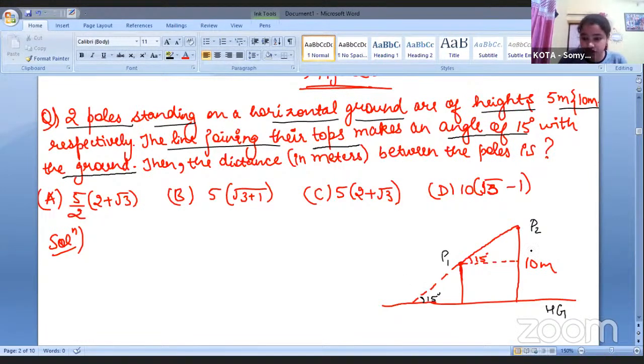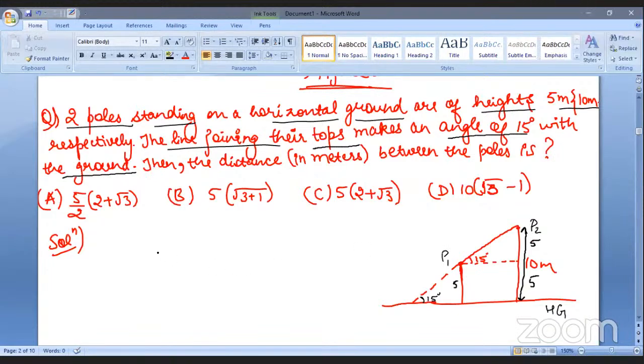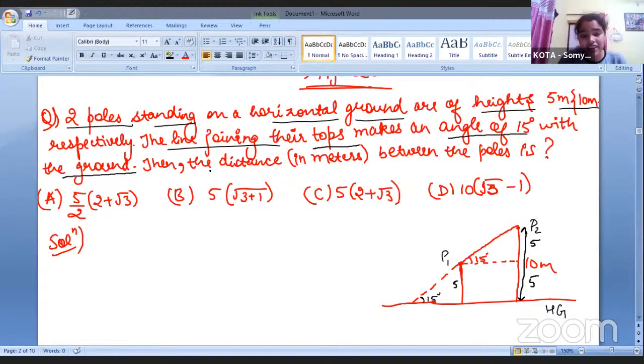Now, this particular distance, the height of the pole P2, is 10. So if this is 10, half of it would be 5 and the other half would be 5. Now how will we find the distance? First of all, we have to find the distance between the poles.